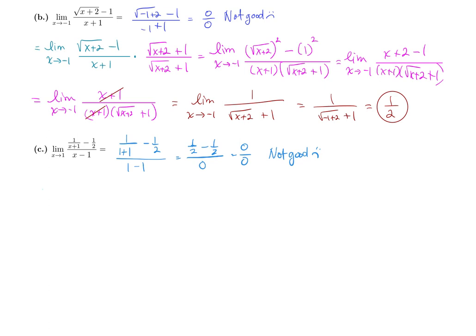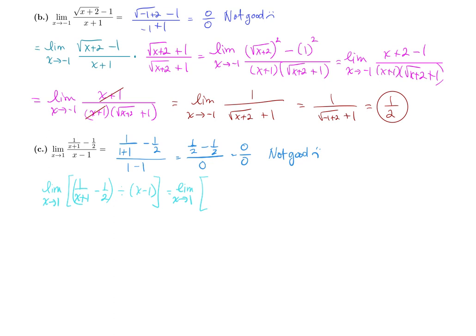So let's try taking the limit as x goes to 1. And now let's look at these as two different fractions: 1 over x plus 1 minus 1/2, divided by x minus 1. We'll carry through our limit, the limit as x goes to 1. Let's put the first fraction over a common denominator.